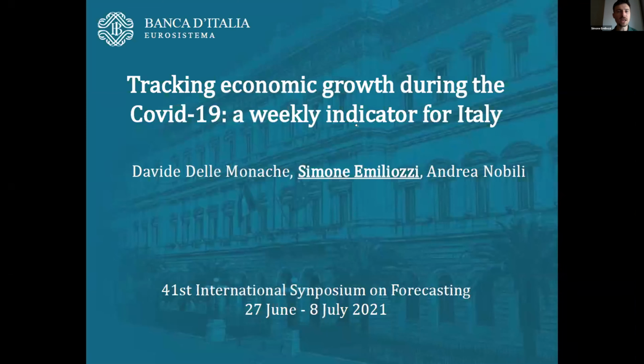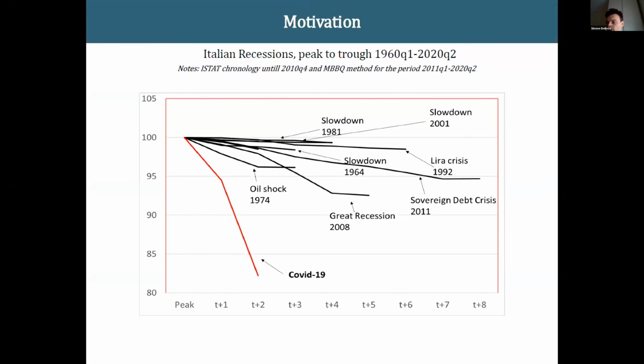And the usual disclaimer applies. So let me start by motivating the work of tracking high frequency economic activity in Italy, mainly at the weekly frequency, via this graph.